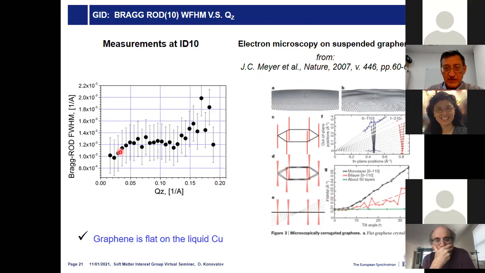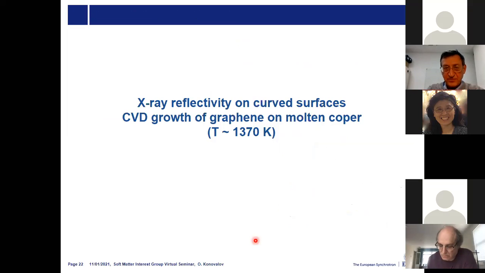In our case they are almost constant. So we can say that on liquid copper, graphene flakes are extremely flat, so that we basically cannot see this bending on our scale of measurements.